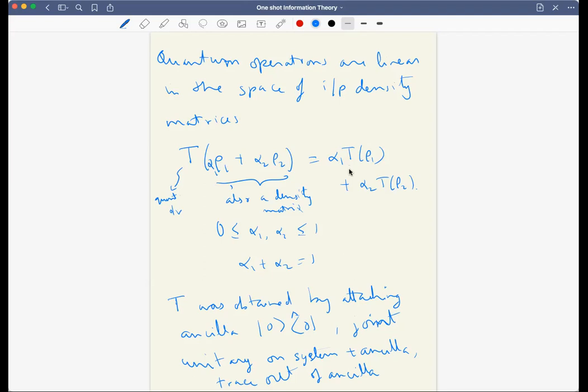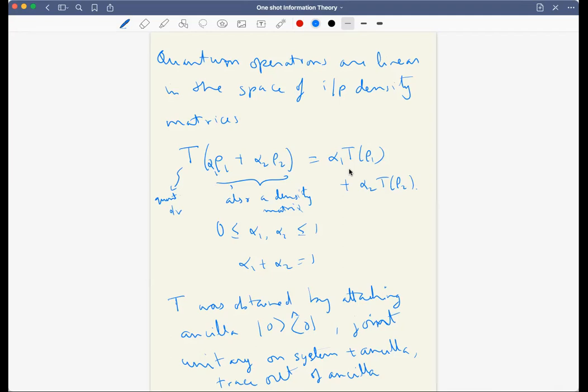And similarly, we have seen that the trace out operation is also linear on the vector space of matrices. So the quantum operations, as I have defined them, are automatically linear over the space of density matrices. This actually answers Shayantan's question in the quantum domain.